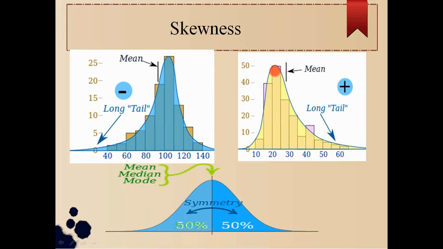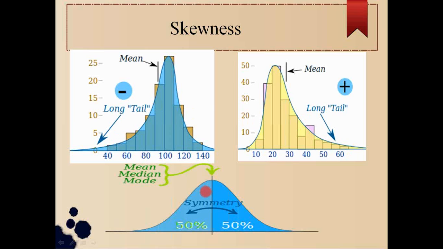In the second one, the peak has shifted to the left side. So this is right skewed and this is left skewed. And this is the longer tail.